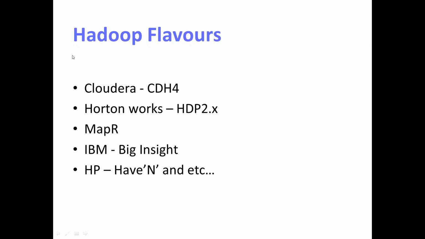Say for example, if I'm using the Cloudera distribution, most of the internal core jars will be the same. It's like a subset of Apache Hadoop itself, with extra tools on top of it.